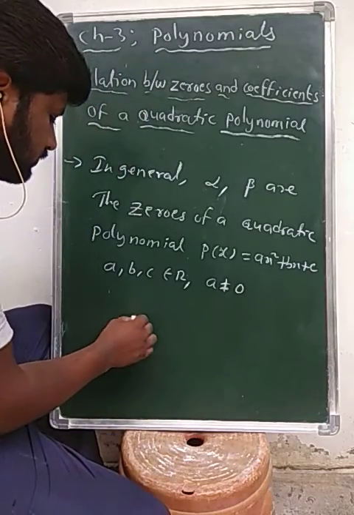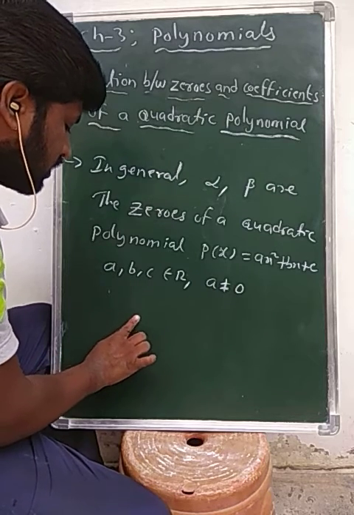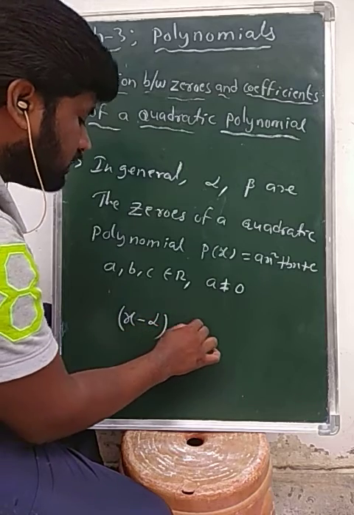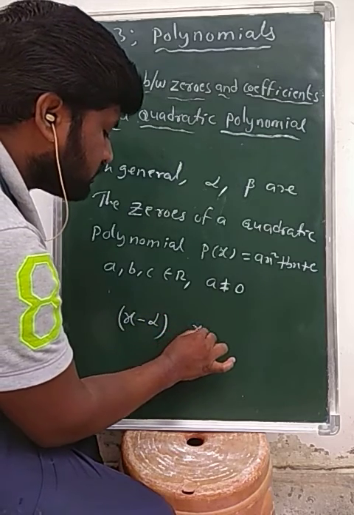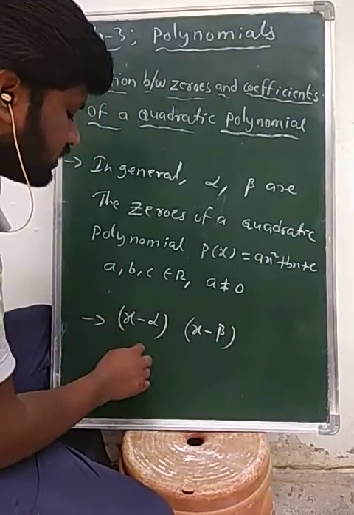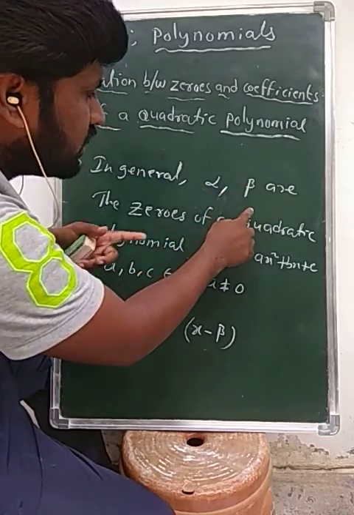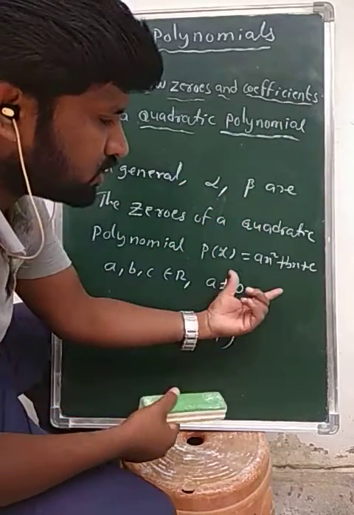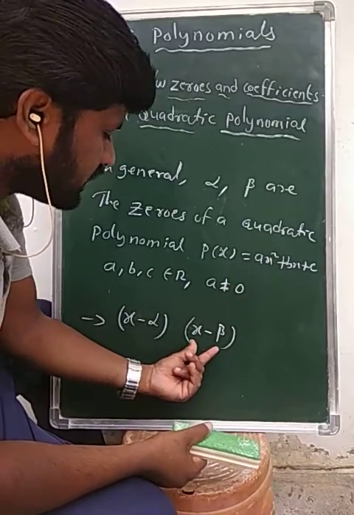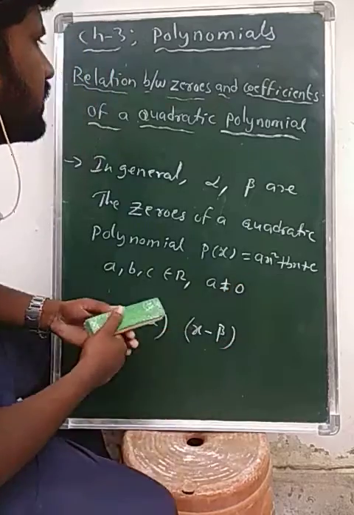Now x minus alpha and x minus beta, these two are the factors. If alpha and beta are the zeros of a quadratic polynomial, then x minus alpha and x minus beta are the factors of the quadratic polynomial.